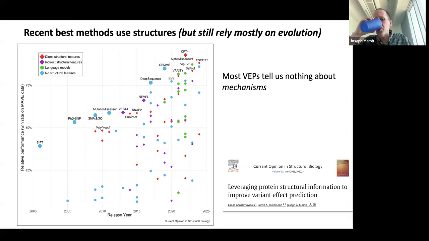But in the last few years, and people had tried including structural information before, but the methods never were the top performing methods, in the past few years, in red we have these methods that directly include protein structural features. And actually the top 3 performing methods in our latest benchmark now are all these methods that rely on protein structure in some way.